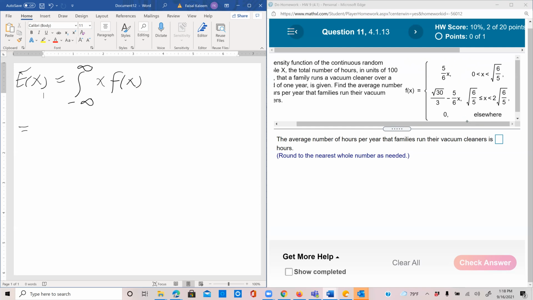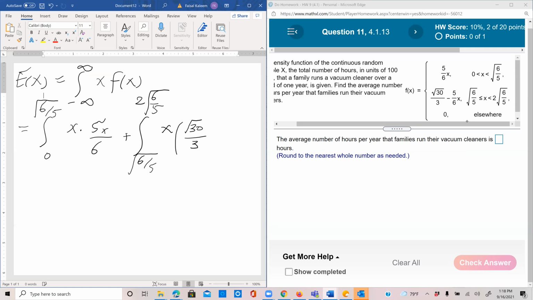One is from 0 to square root 6/5, and in this piece, it would be x times fx. So fx in this piece is 5x by 6. Plus, the second piece, which goes from x equals square root 6/5 to 2 times square root 6/5, and x times fx. So fx now is square root 30 by 3 minus 5x by 6.